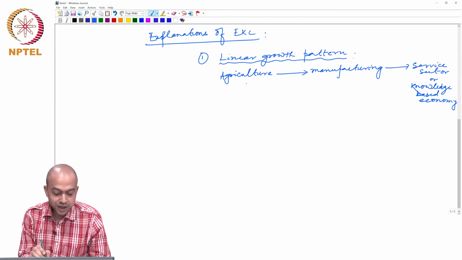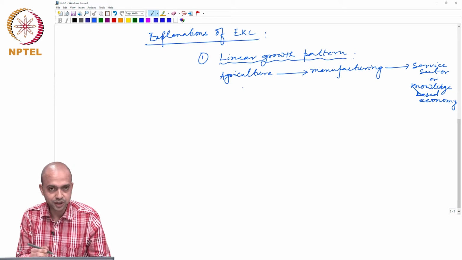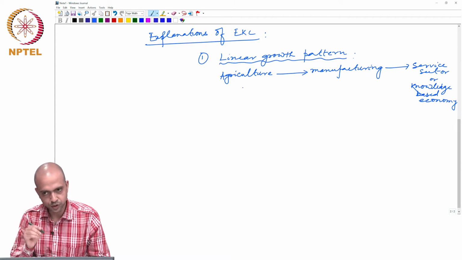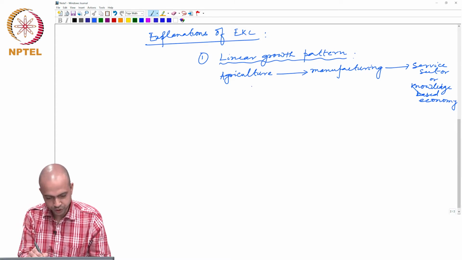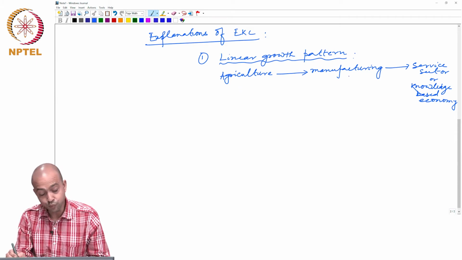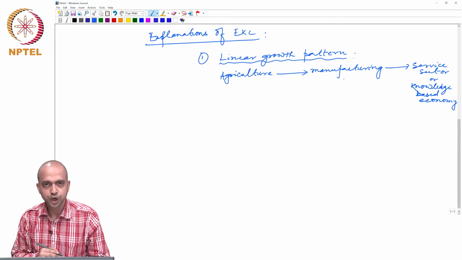Now, when the economy is highly dependent on agriculture, agricultural sector is a sector where pollution per unit of output is very low. Agriculture is one of the less polluting sectors. So, pollution is very low. Once the economy moves from agriculture to manufacturing, the manufacturing sector is the most energy intensive and pollution intensive sector.